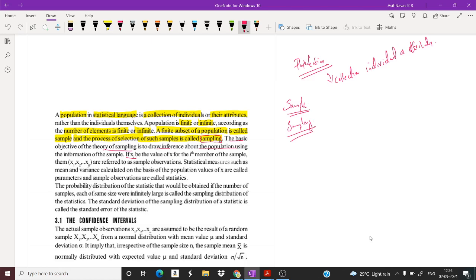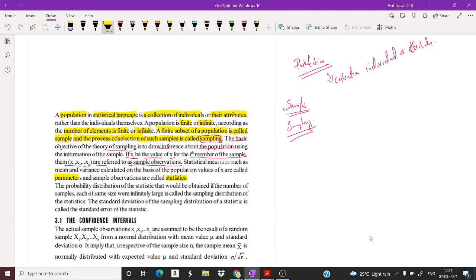Okay. If xi is the value of x for the ith member of the sample, then x1, x2, etc. xn are referred to as sample observations. Now we define what is parameter and statistics.